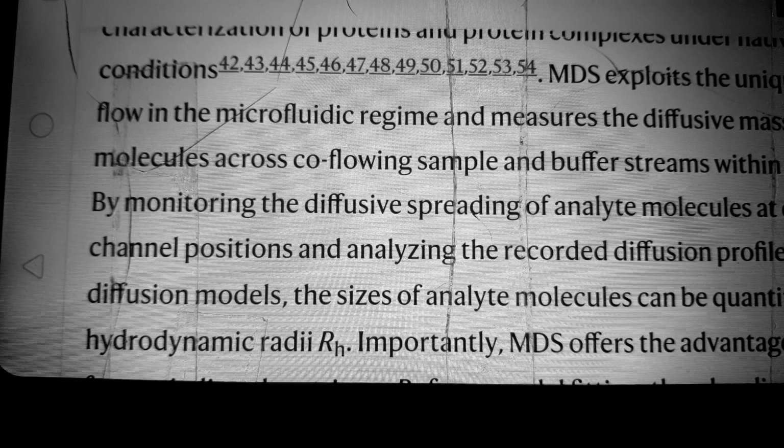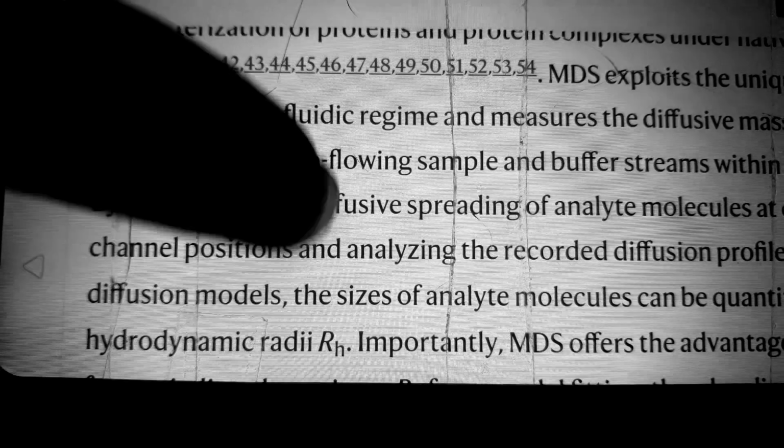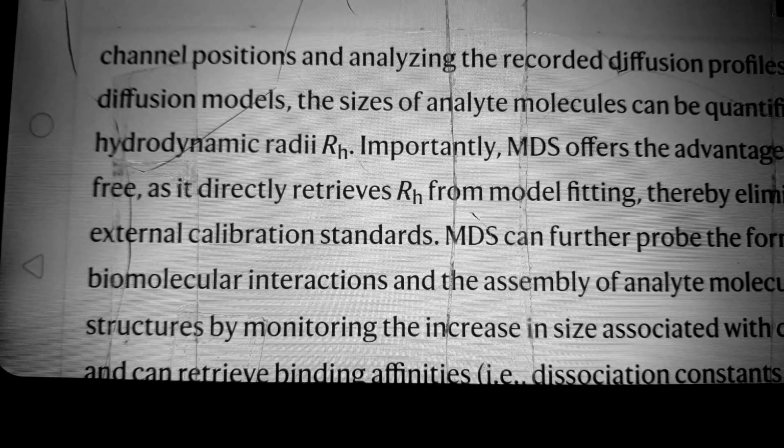With advection-diffusion models, the sizes of analyte molecules can be quantified in terms of hydrodynamic radii, RH. Importantly, MDS offers the advantage of being calibration-free as it directly retrieves RH from model fitting, thereby eliminating the need for external calibration standards.